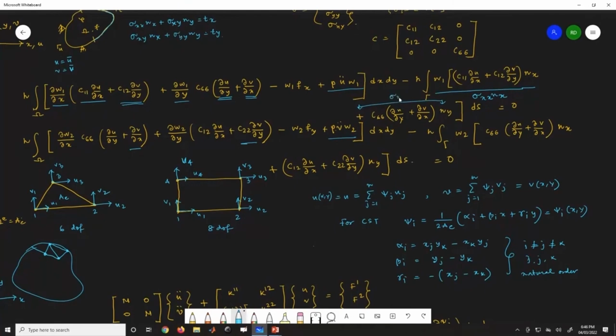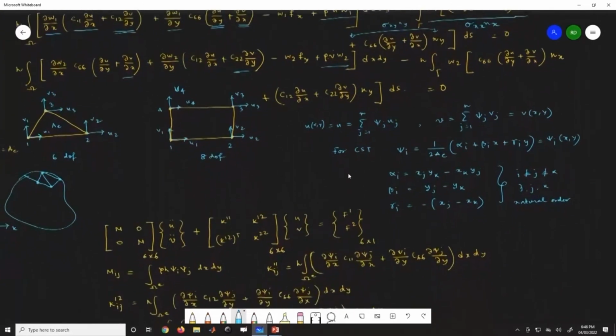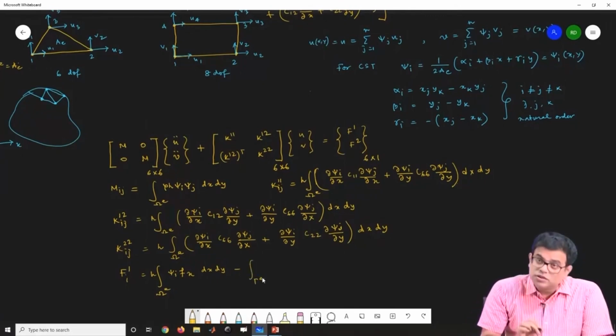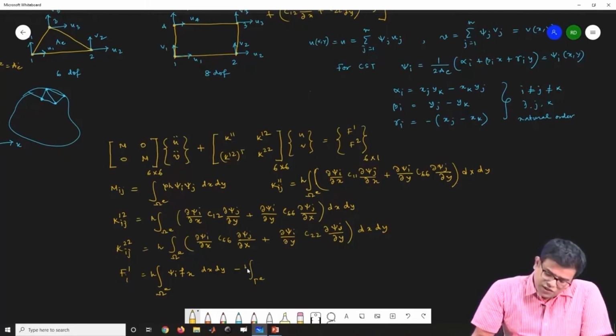So I can replace this by tx w1. Now if I write that, you will have the integral over lambda e, that is the boundary of the element, and then again multiplied by h tx w1. So w1 is again psi I and tx. Now this integral is over ds.